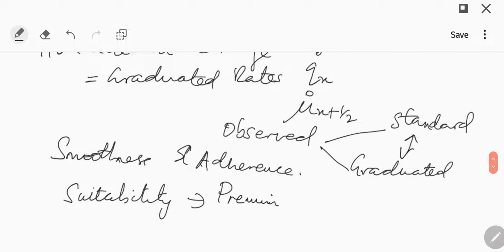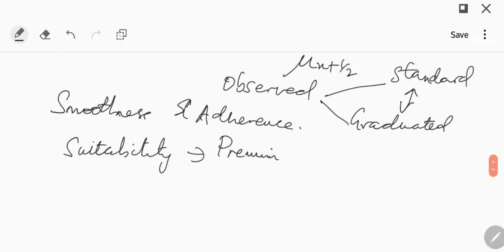Okay, so people at some age levels may not even take the insurance policy. So apart from maintaining a trade-off between the smoothness and the reality, I will also be looking at the suitability for a particular purpose.